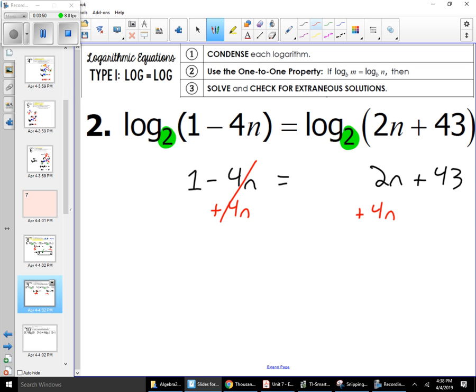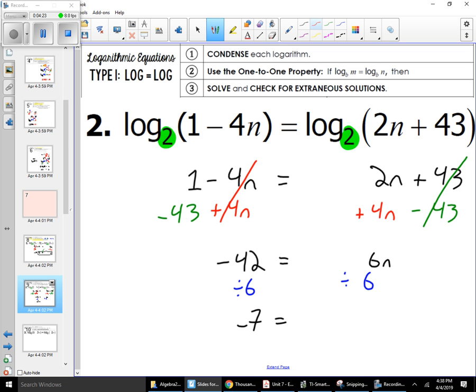And if I'm moving all my variables to the right, I might as well move my constants to the left. So we'll have a 1 take away 43 on the left-hand side. And on the right-hand side, we have the 2n plus 4n, which gives us a 6n. Go ahead and divide in blue. Dividing both sides by 6 gives us a negative 7 for n.